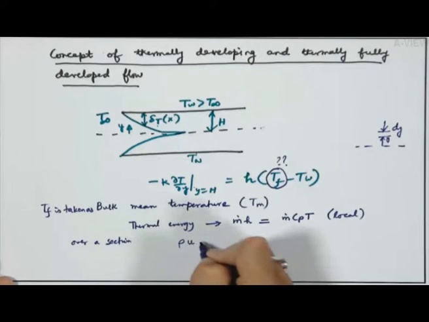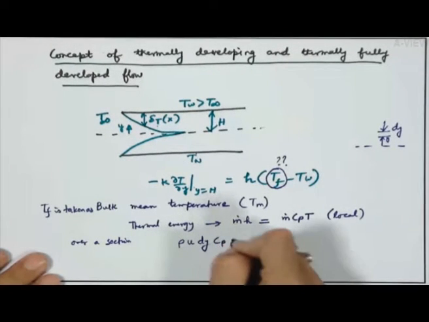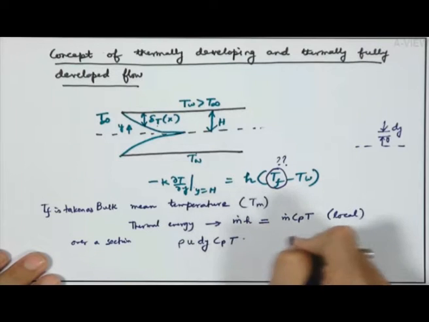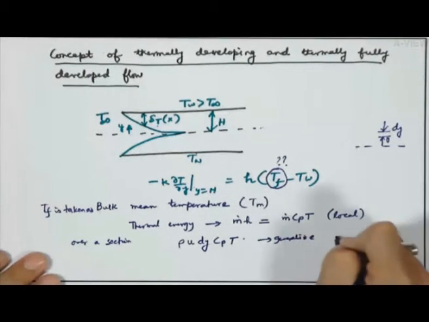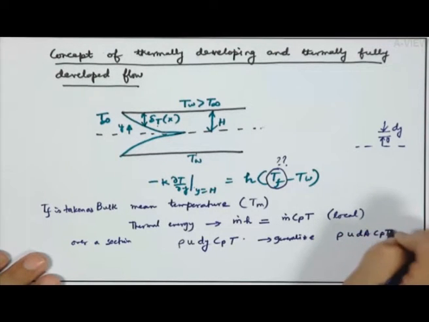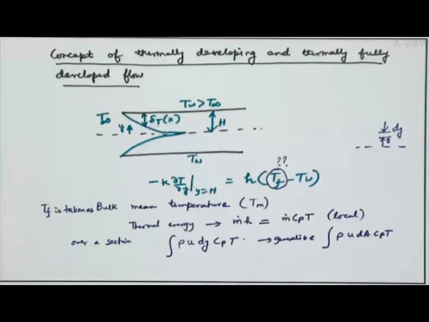Rho u dy into the width of the channel, let us say 1, this into Cp into T. Instead of dy you can write dA also to generalize: rho u dA Cp T. Over a section if you integrate it, you will get the total thermal energy.